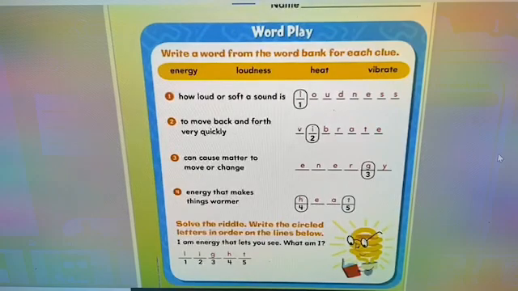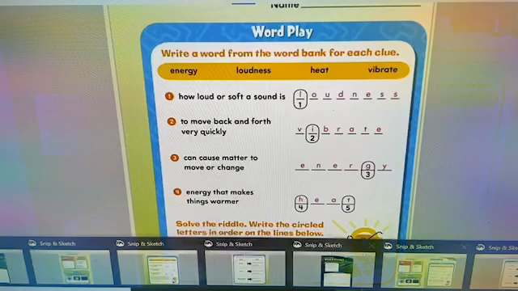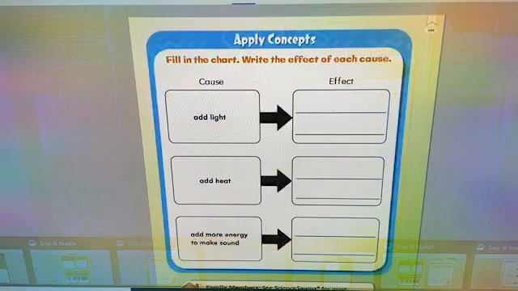Definitely, it's energy. And energy that makes things warmer, of course, it's heat. Yes. And I am energy that lets you see. What am I? Yes, you are light. Light energy. Excellent, boys and girls. Bravo. Now let's see the last page.